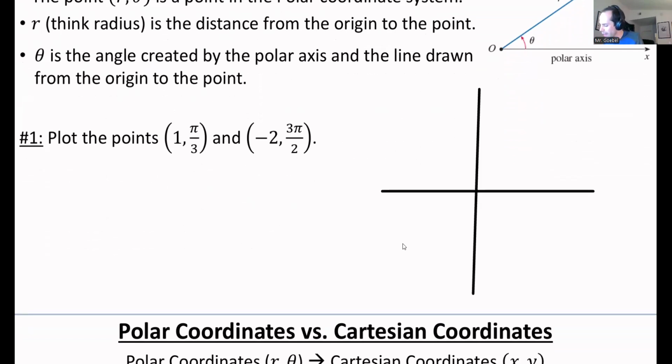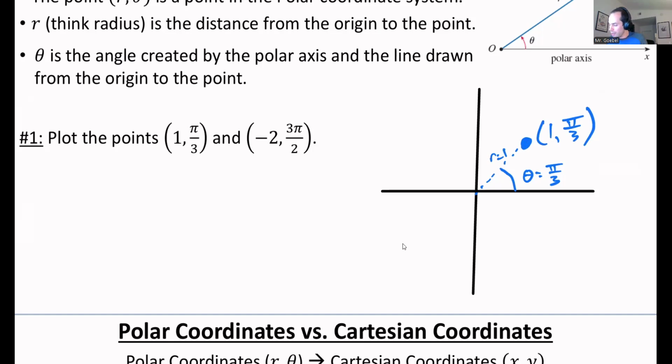So first of all, I'm going to go an angle of pi over 3, which puts you somewhere in the first quadrant, right? So there's pi over 3. And then I'm going to go a distance of 1 unit from the origin, all right? So let's pretend like that's about one unit from the origin, and that point right there, that is the point (1, pi over 3).